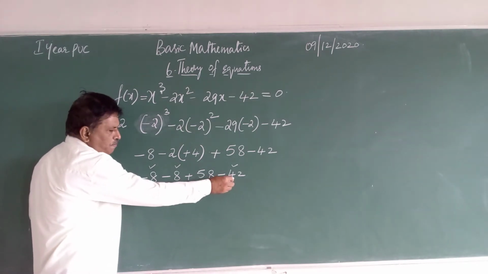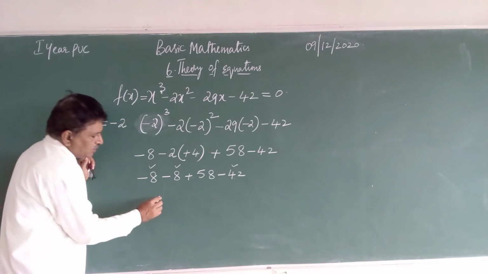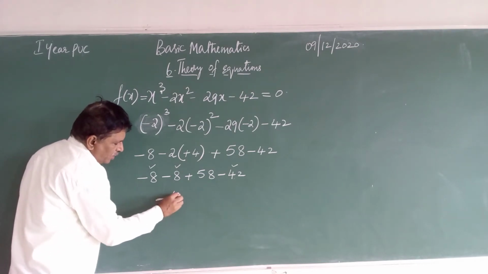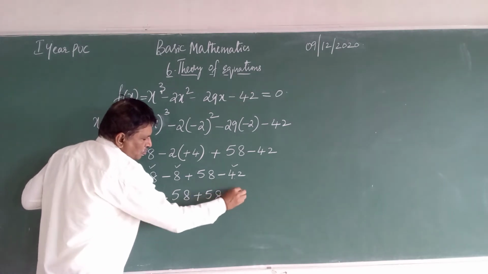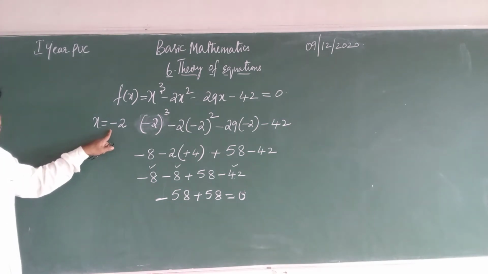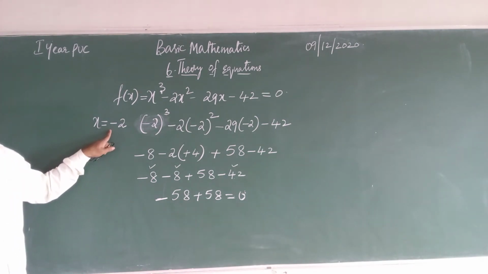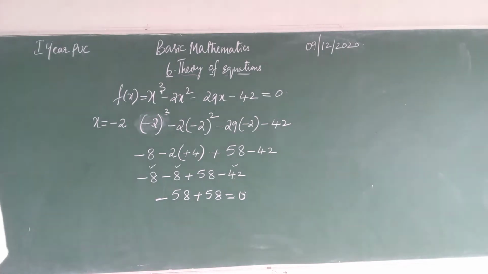Minus 42 minus 8 is minus 50, and minus 50 minus 8 is minus 58. Then minus 58 plus 58 is equal to 0. Definitely one of the factors is minus 2, and you can take it as g of x. So please copy down up to this.